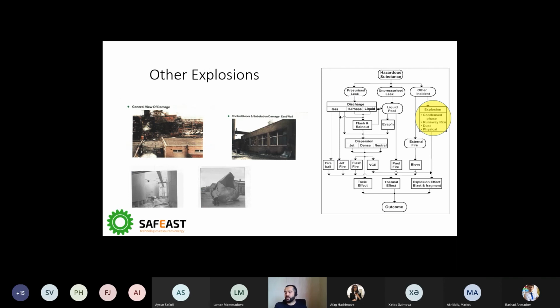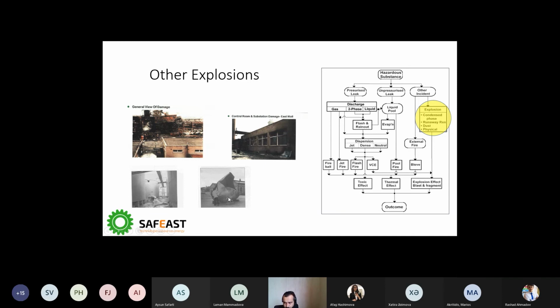If you look at the chart, there are also some other explosions which are not from pressurized or unpressurized leaks, but from other incidents, like condensed phase, runaway reaction, dust, and physical effects. You can see pictures from these different events. Here you can see the actual missile of the vessel, which is not about the hydrocarbon cloud itself.